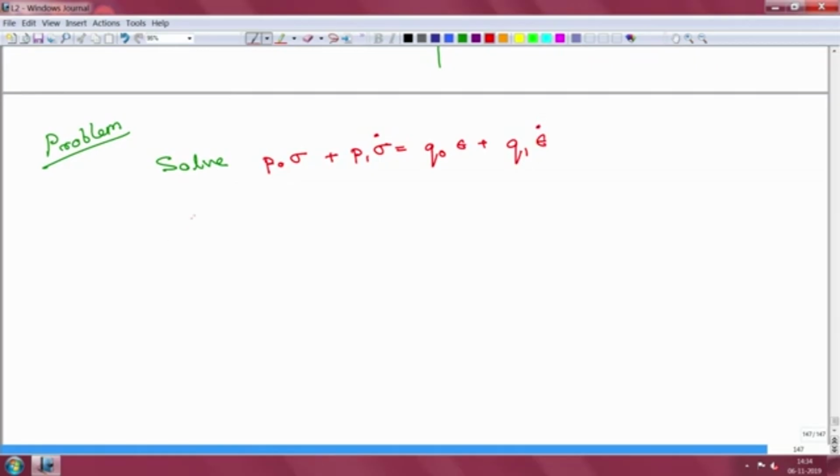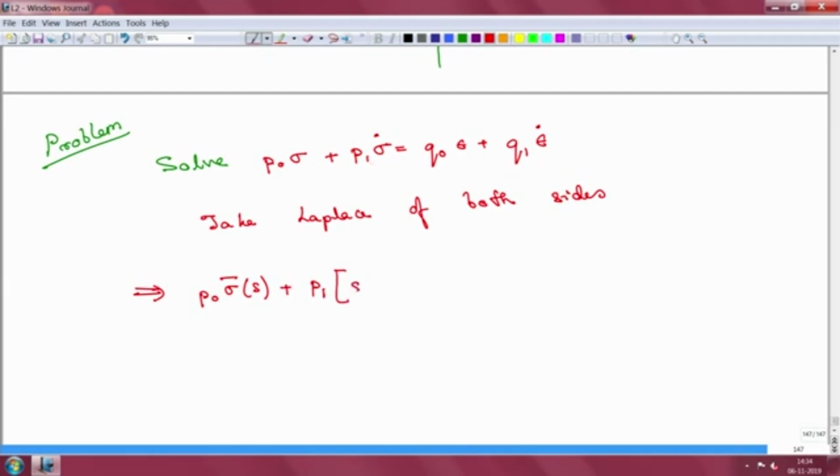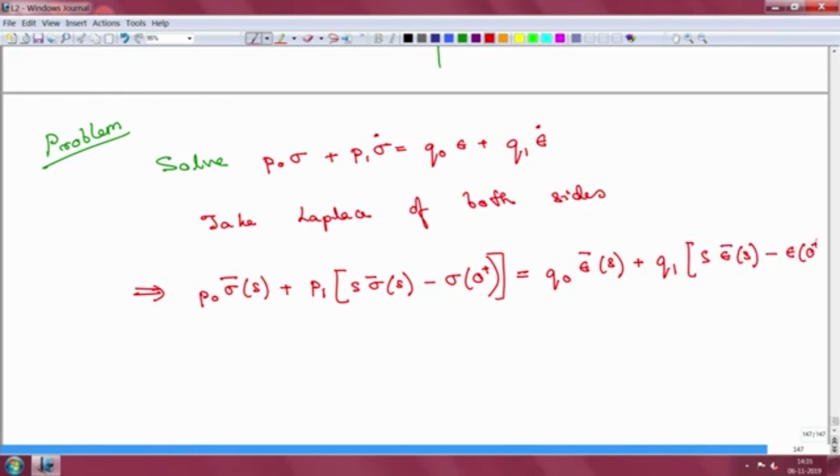Let us take the Laplace of both sides. If you do that, you will end up with P0 sigma bar s plus P1 times the Laplace of the derivative, so you apply the form that we had just seen, equal to Q0 epsilon bar s plus Q1 times s epsilon bar s minus epsilon 0.